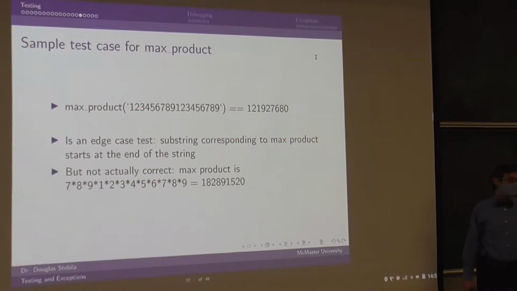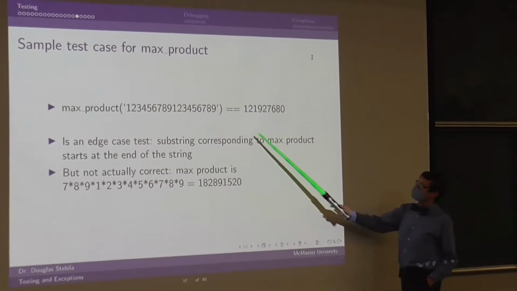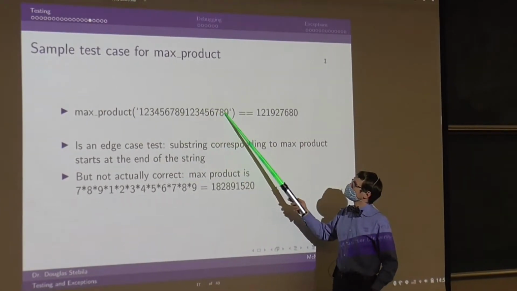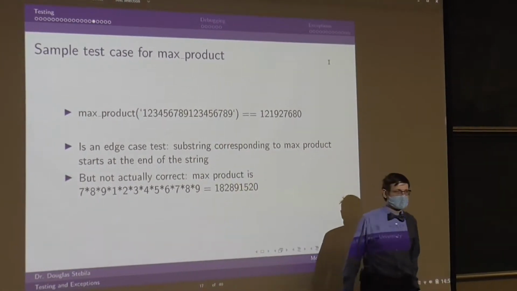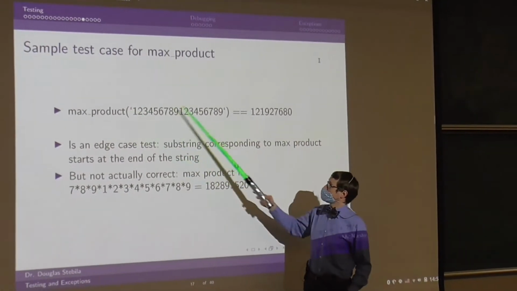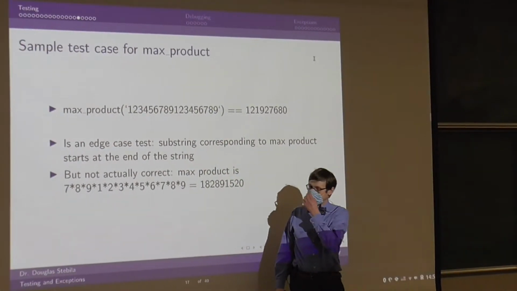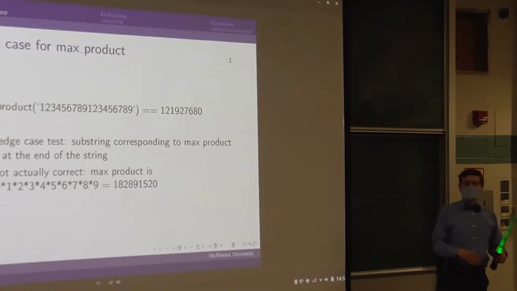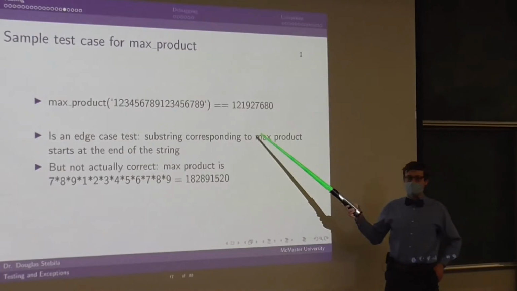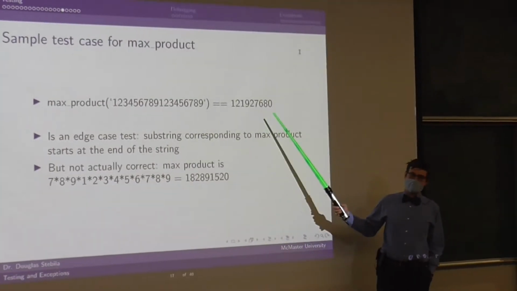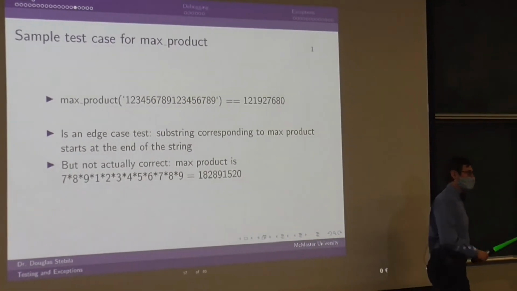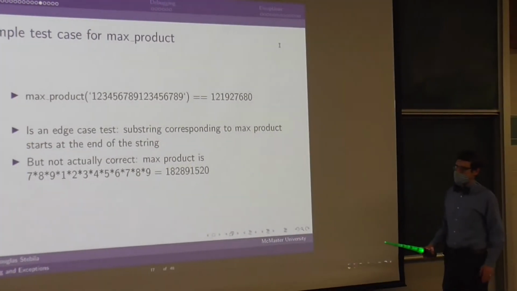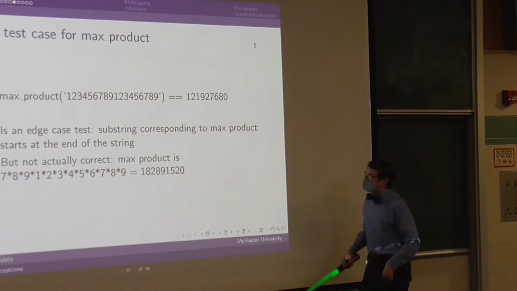The maximum product will be these last 12 digits, right? Because these ones are smaller than those ones, right? You could make this even more explicit by making the intended range that you're going to capture all 9s and then the other ones as 1s or 0s. I guess that technically also tests the max output, but you know what I mean.